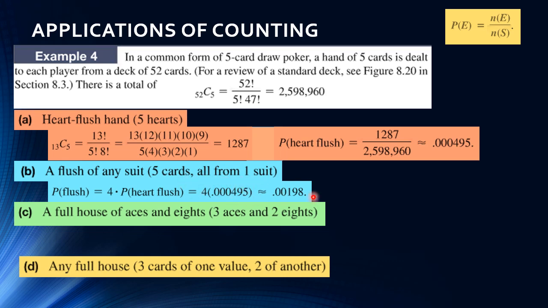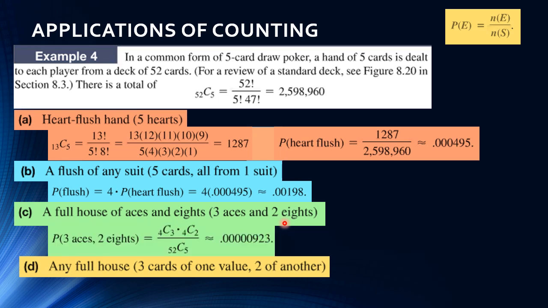C and D are going to be a similar thing. So let's look at C. See if you can try to do C on your own. You might want to do the 3-2 hangman marks, okay? A full house of aces and 8s. Specifically, we want 3 aces and 2 8s. Well, there are 4 aces in a deck, right? And we want 3 of them.